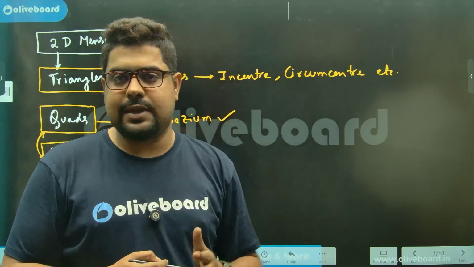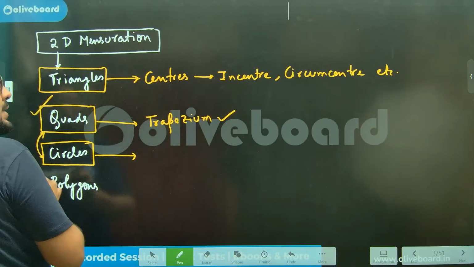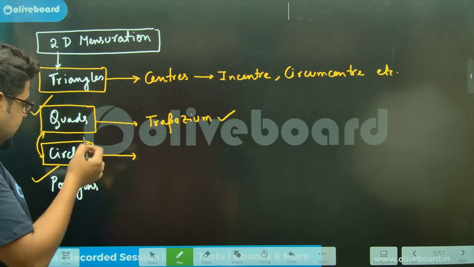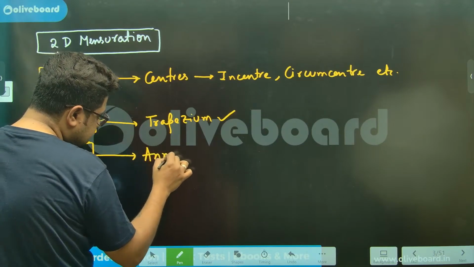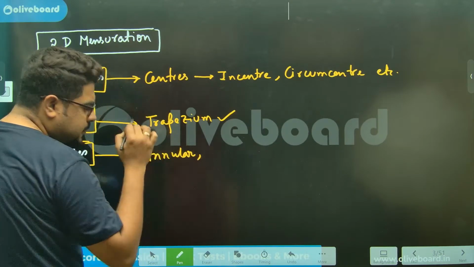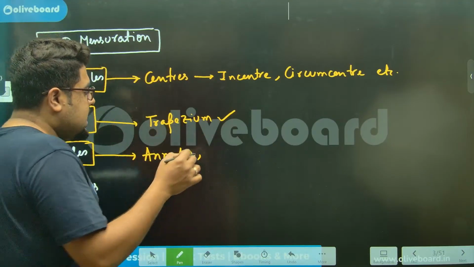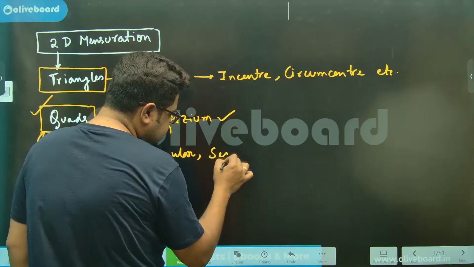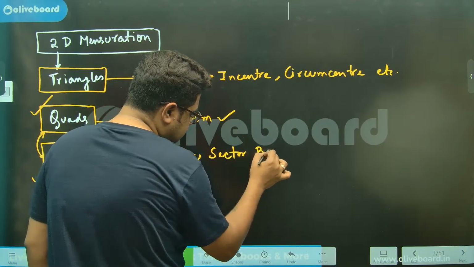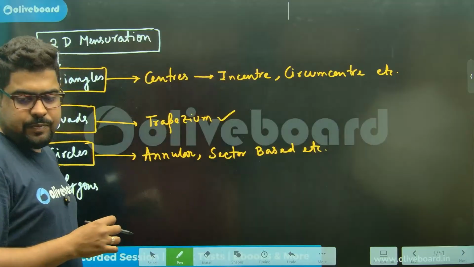Circles have mixed with quads and with polygons. Now the annular questions were very frequently asked. Also normal sector based questions, the frequency increased by a lot.